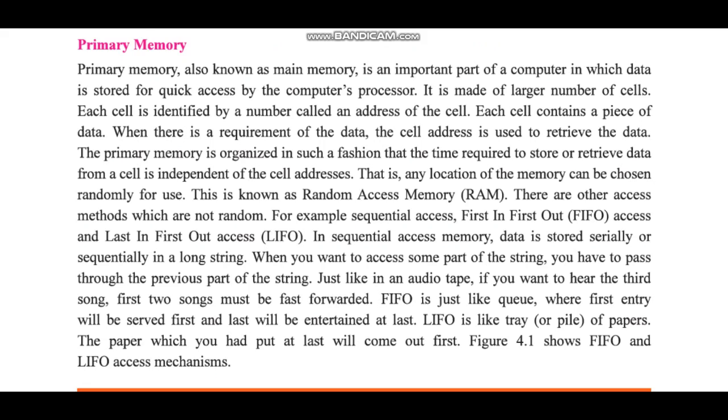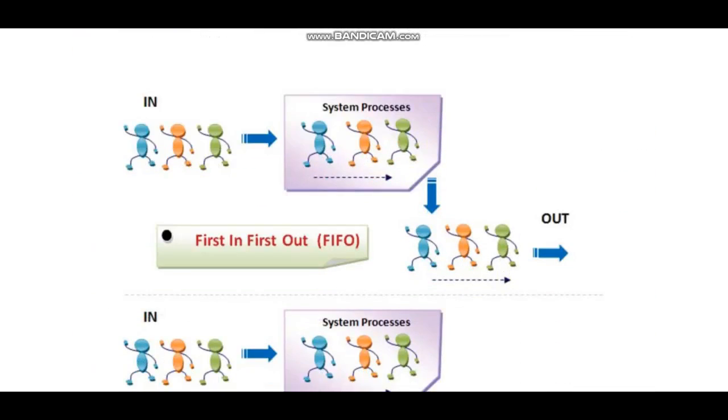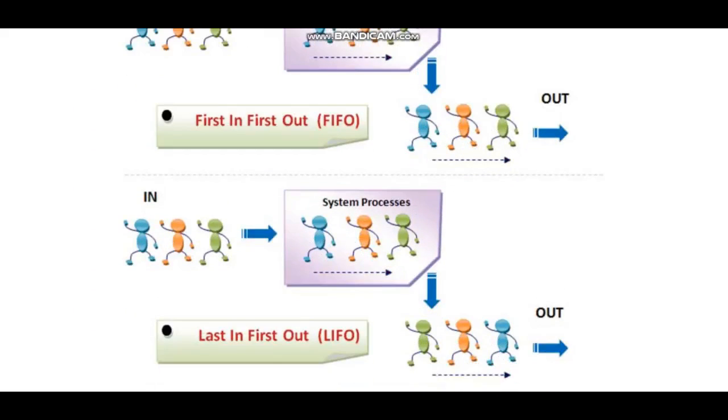Figure number 4.1 shows the FIFO and LIFO of the access. Here you can see the image of FIFO, first in, first out. You can see in, system processor and out. LIFO stands for last in, first out.